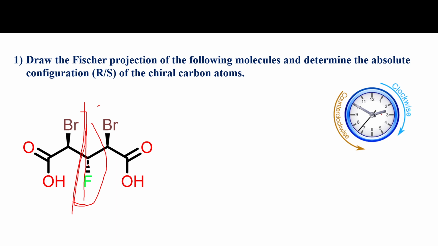But if you find a center, how can we give the RS nomenclature of this carbon? So you have above COOH, COOH.